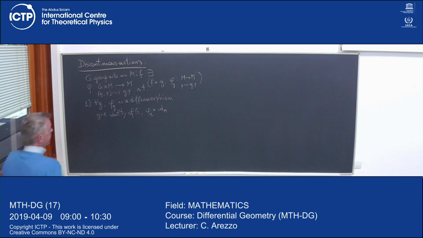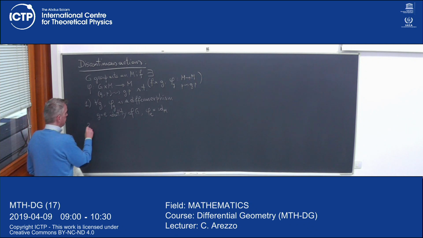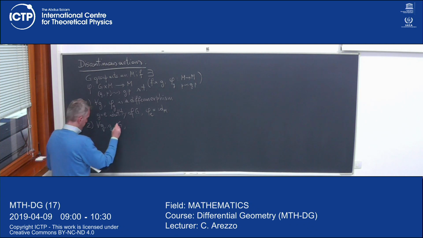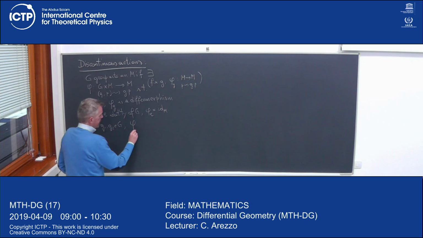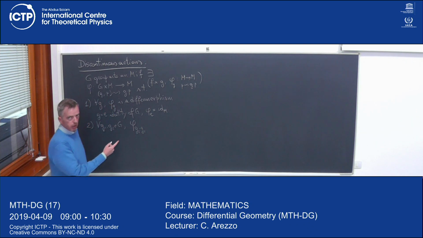But then I want some kind of compatibility between the algebraic structure of the group and these actions. So what I really require is that for any g1, g2 in G, I can look at phi of g1 dot g2. Don't be confused; I will also denote by dot the product in the group.